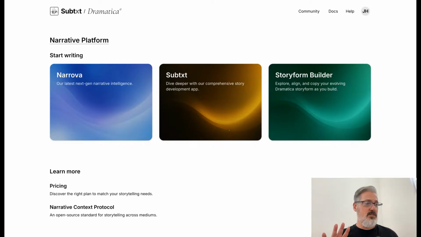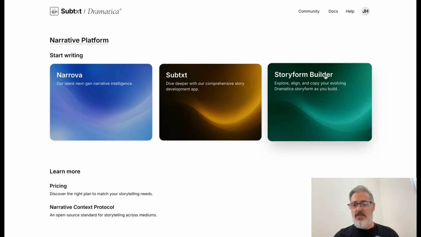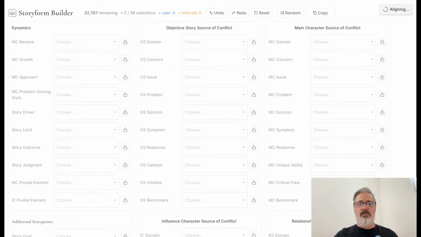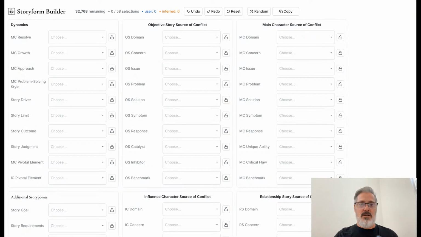And I think it's really, really amazing. So all you would do is you just come into the platform here and then you just click on Storyform Builder. And there's some design things I would have to work on, but functionally it works great.